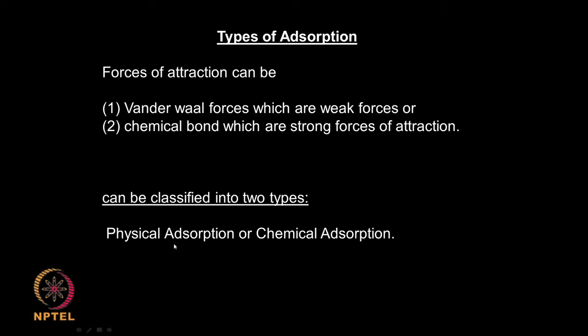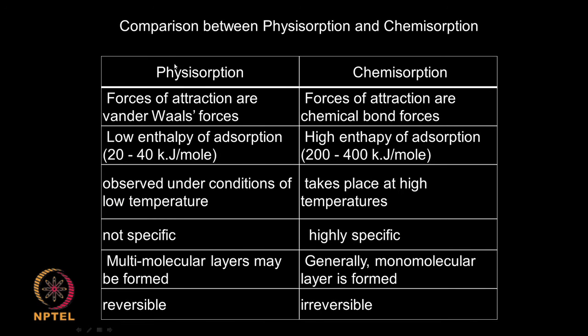As the name implies, physical adsorption will not have a strong, permanent or covalent bond formed, whereas in chemical adsorption there could be bond formation also. So, two types of adsorption: physisorption, that is physical adsorption, and chemisorption, that is chemical adsorption. Here you have van der Waals forces, here you could be forming chemical bonds.